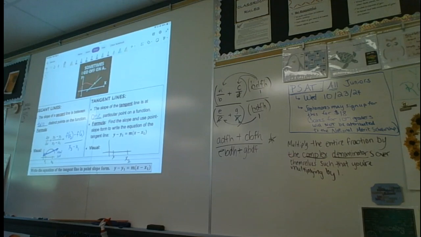Let's say we have the same kind of curve, with x sub 1 and x sub 2. Instead of 2 points, which would be our secant line, we're just going to take 1 point, and this would be an example of a tangent line.